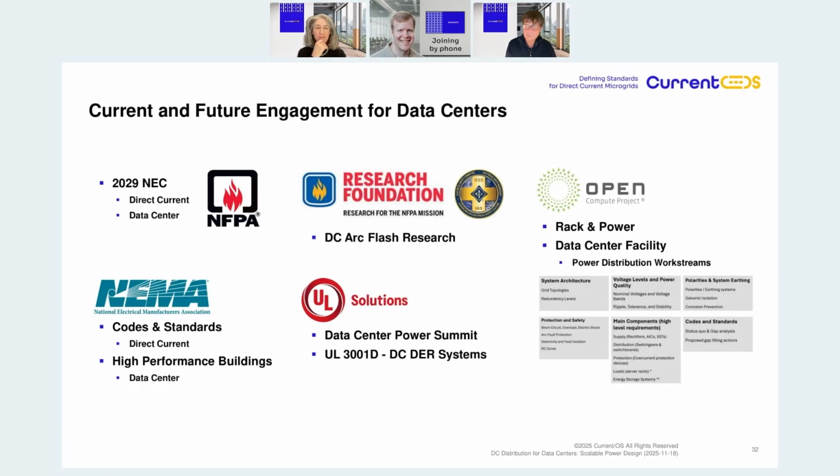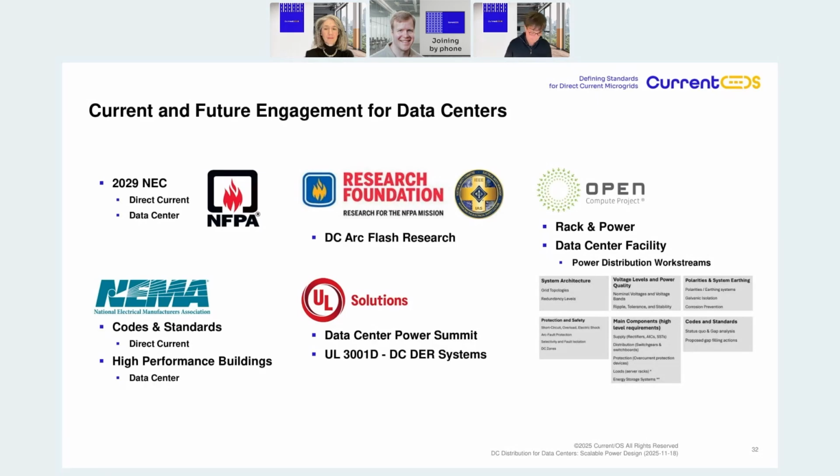And further, from the UL perspective, there was recently a data center power summit, which included a number of participants, both from the data center side as well as companies that are very involved in this topic more broadly of direct current.